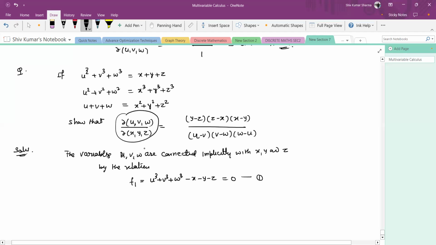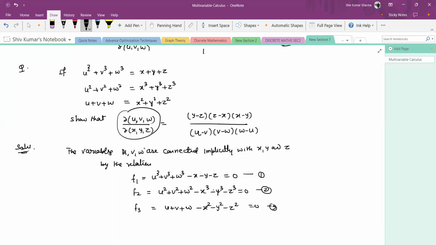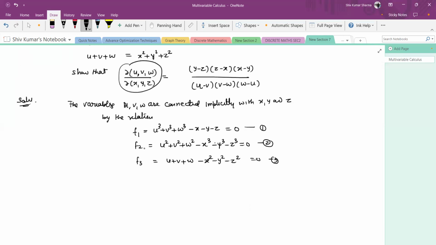This is our first equation. The second function, from the second relation: u squared plus v squared plus w squared minus x cubed minus y cubed minus z cubed equal to 0. The third, f3: u plus v plus w minus x squared minus y squared minus z squared equal to 0. So we make three functions on the basis of the given relations.